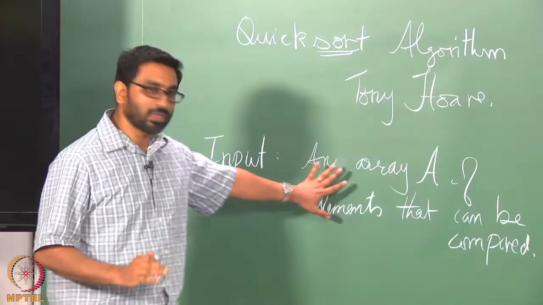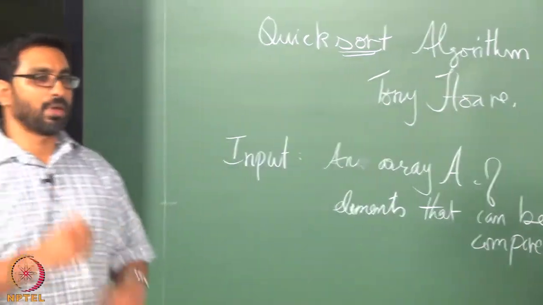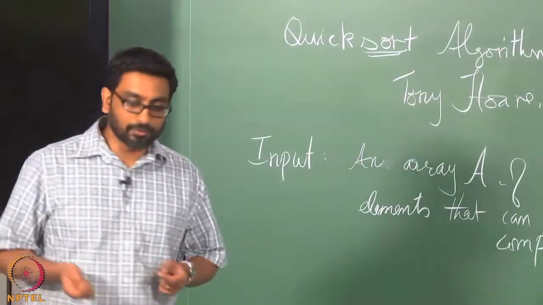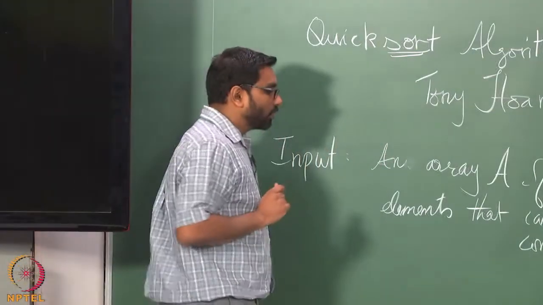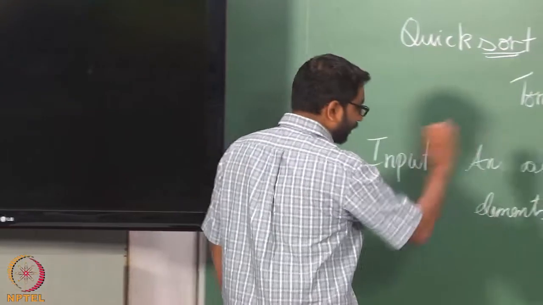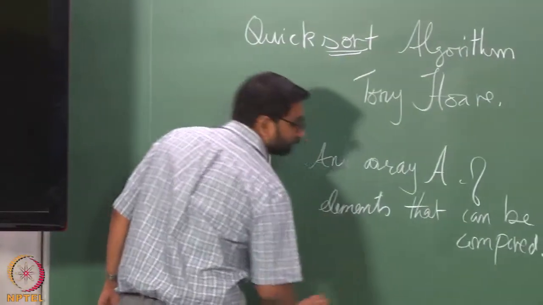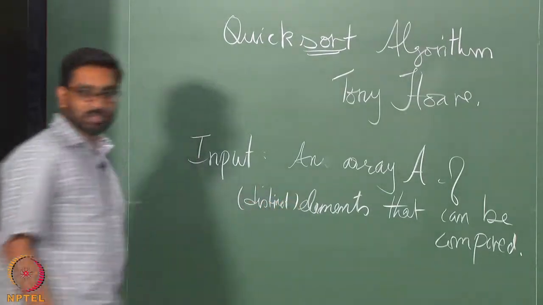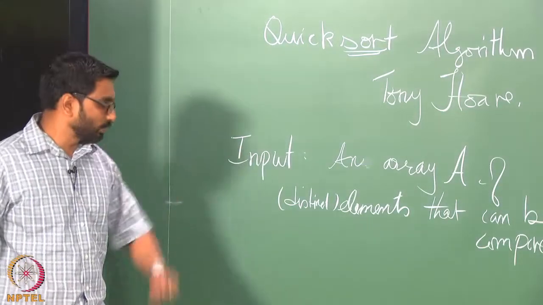The easiest way to think about this is an array of integers, where given two integers you can compare them. It could also easily work for comparison of strings, if you want to compare alphabetically, and so on. All we want is that these elements be comparable, and for simplicity let's assume that these are distinct elements. This is not a crucial requirement and can be easily done away with, but for simplicity we are going to assume it.